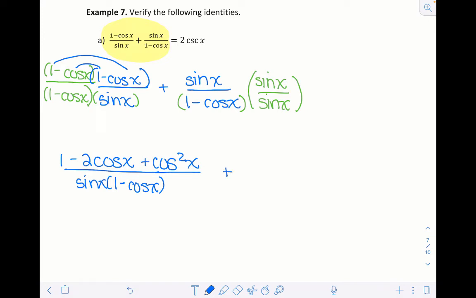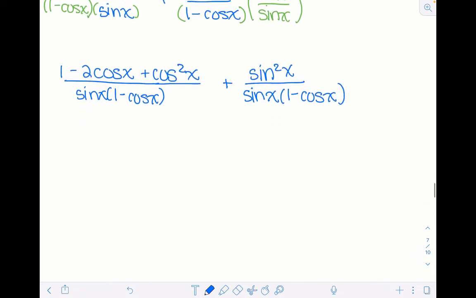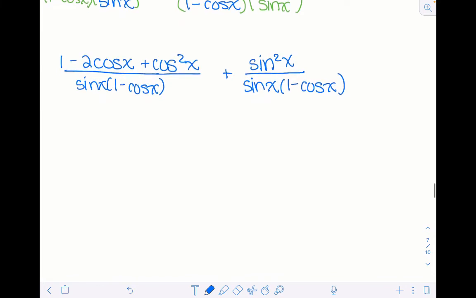Plus, and then the second fraction, the numerator is going to be sine squared of x over that same denominator. So now that we have common denominators, I can go ahead and combine the numerators together. So I'm just going to put that all in one numerator together.